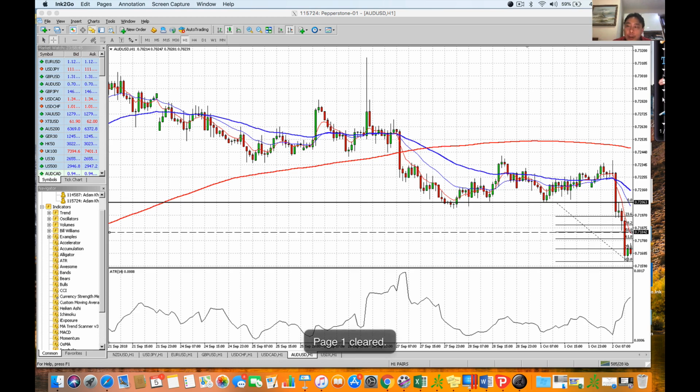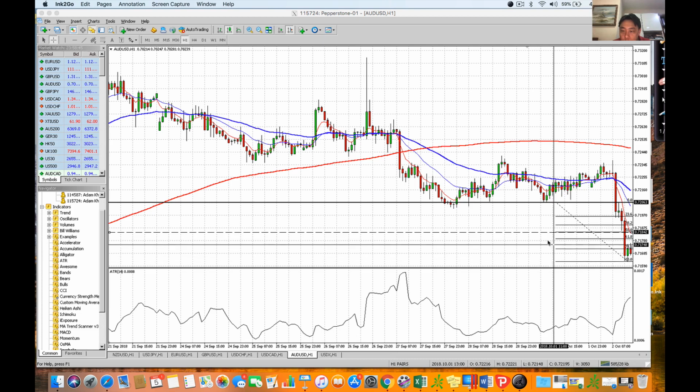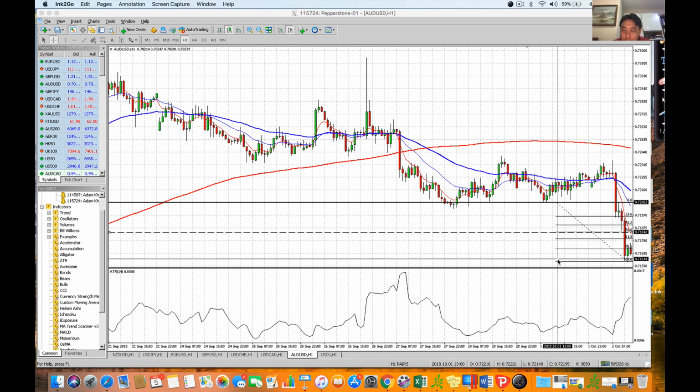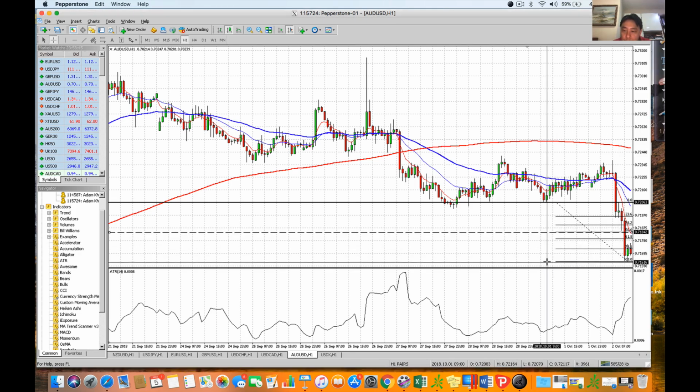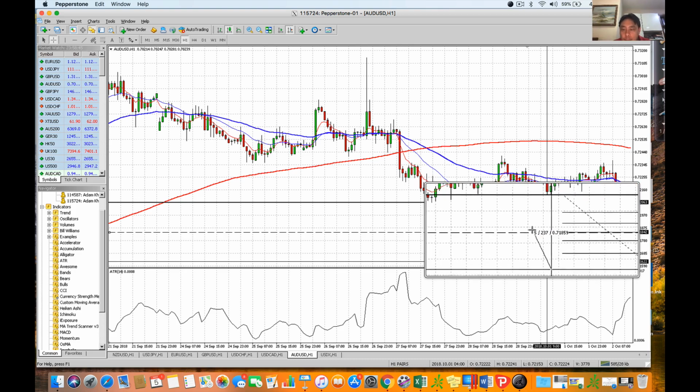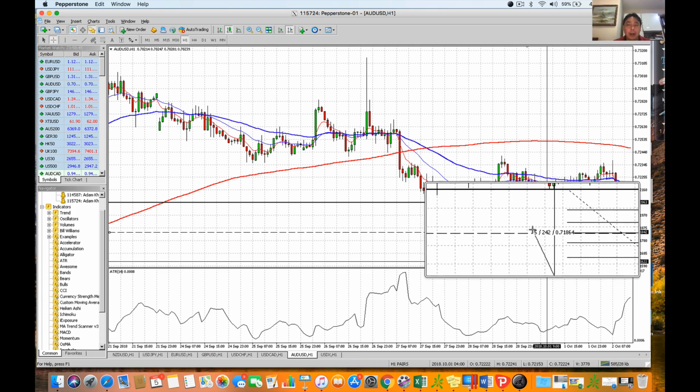So do we have at least 26 pips from point B to the 50% retracement? Let's measure. Let's take this and drag it. Okay, in this case, it's about 24 pips. So we're short of 2 pips, right?